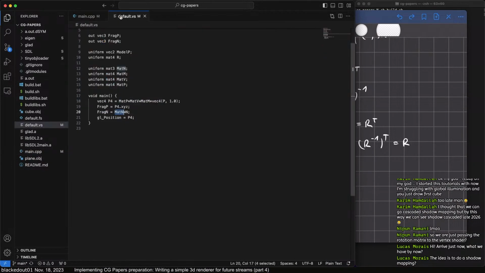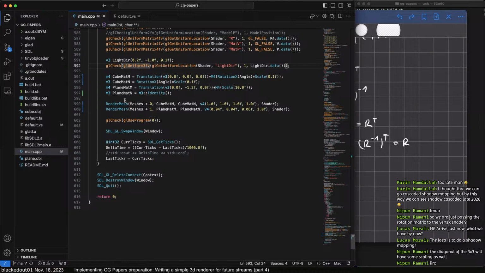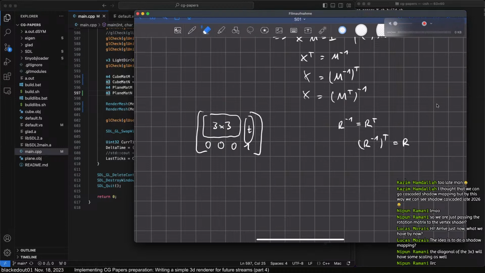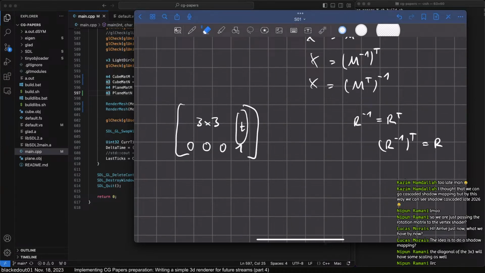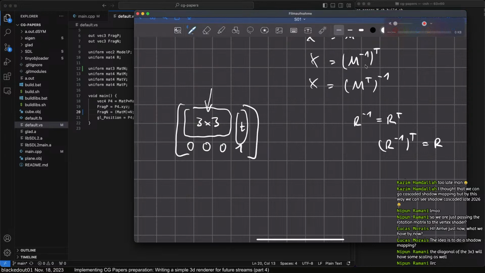Actually, I think you could also, yeah, exactly. So the scaling will also go in this 3x3 matrix. In the most general case, you could just take this 4x4 matrix and apply this formula here.